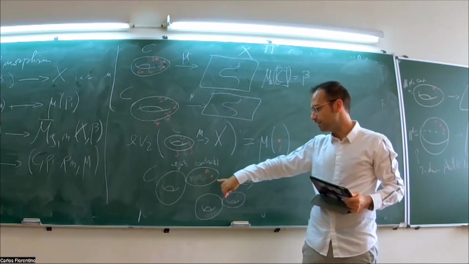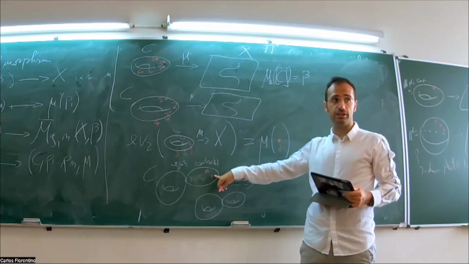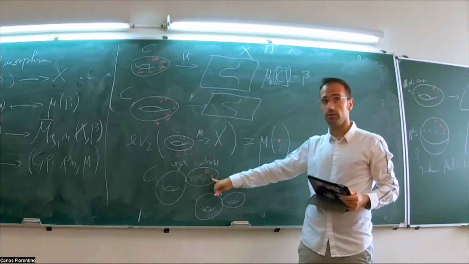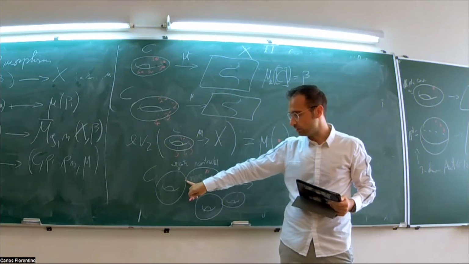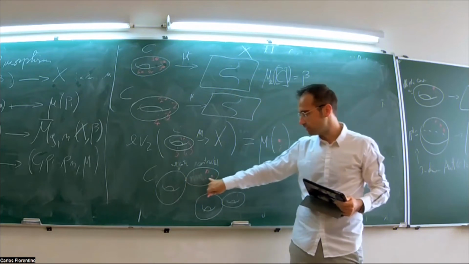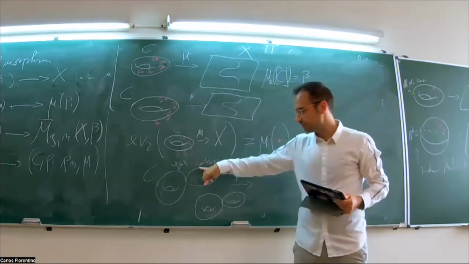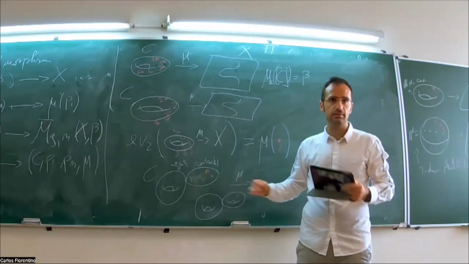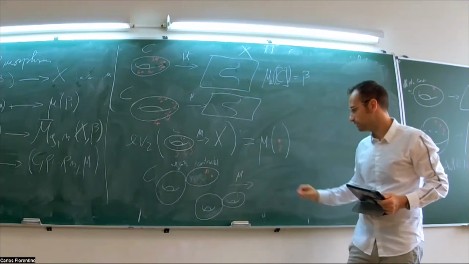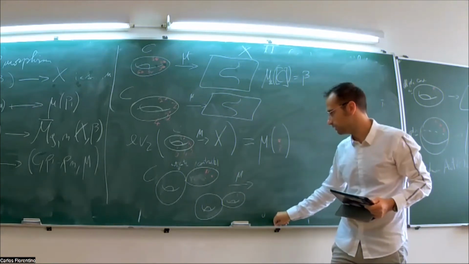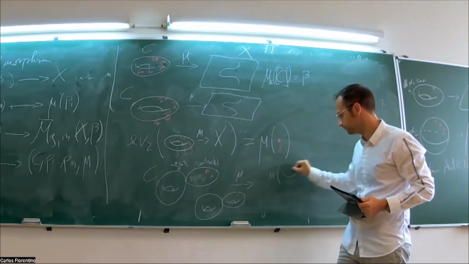And I have another component of genus 0 with 2 marked points, but this is connected to C with a singular nodal point. So I have 3 components. If this is contracted, as is this, there is no problem because it's stable. So I have the image here of the not contracted part.